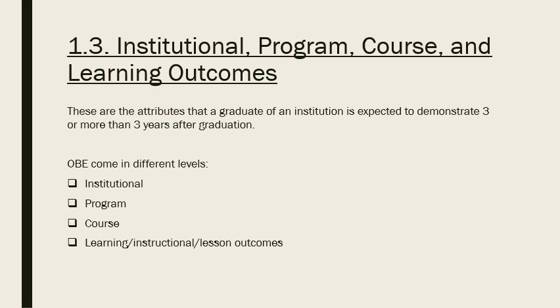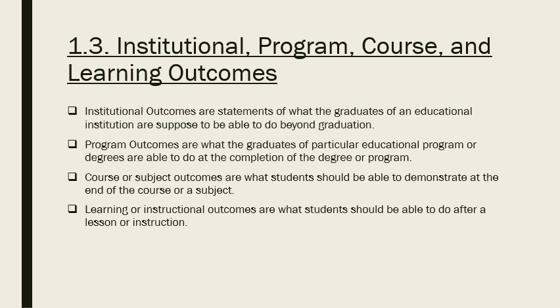So, first, institutional outcomes. These are set by the universities or the institution. These are statements of what the graduates of an educational institution are supposed to be able to do beyond graduation. The previous examples that I have said are examples of institutional outcomes.